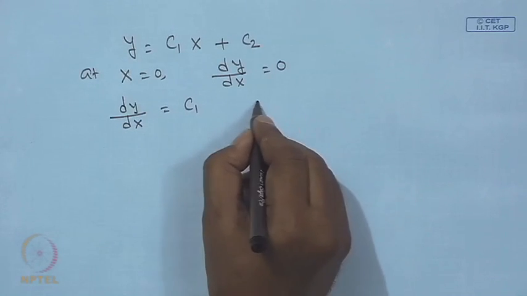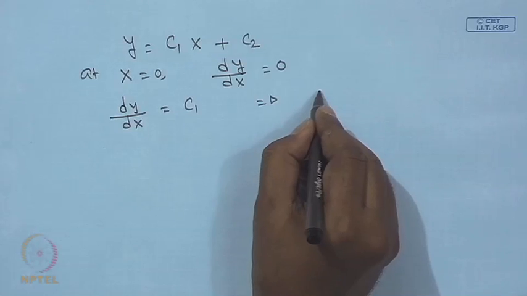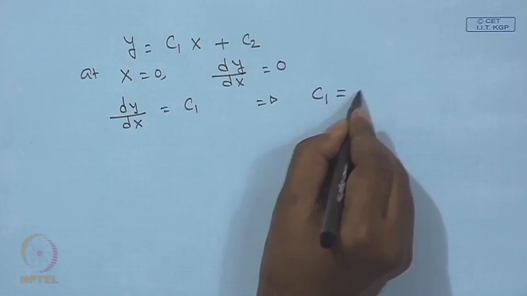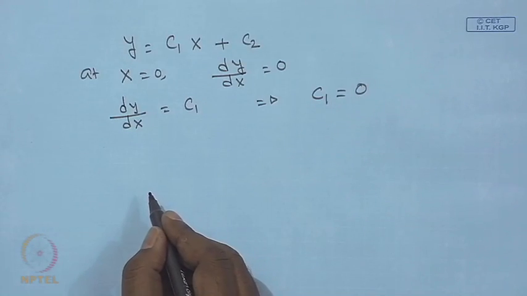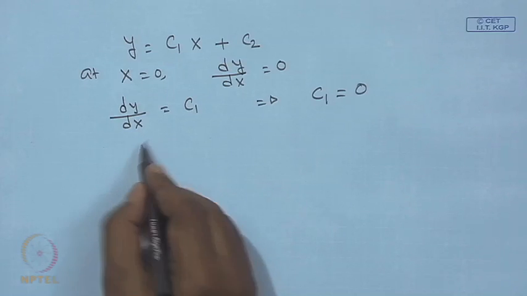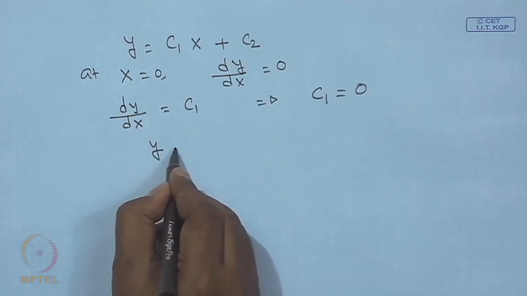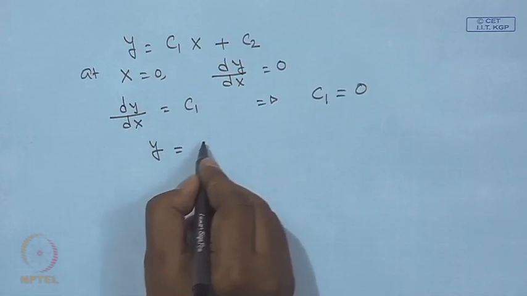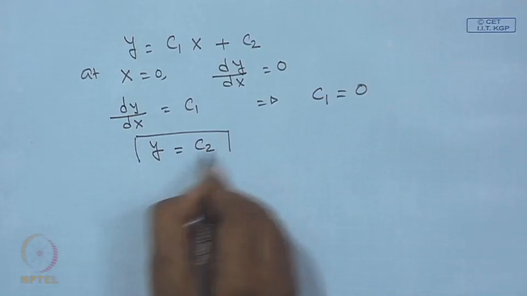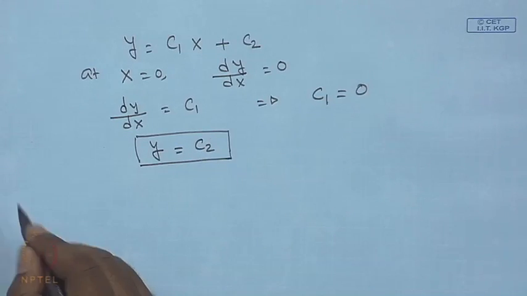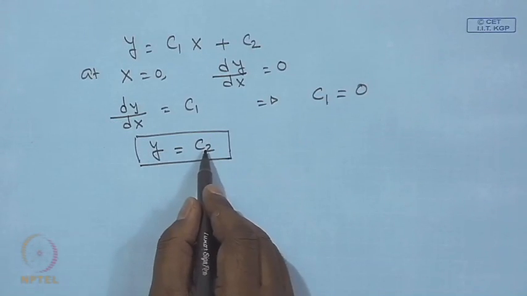So, at x is equal to 0, dy/dx is equal to 0, use that boundary condition. So, you get c 1 is equal to 0. Therefore, you will be getting y is equal to c 2. So, the solution is a constant solution.